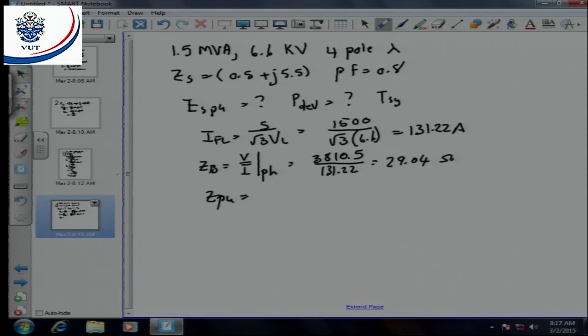Always work per phase whenever we work with three-phase work, and therefore the current is 131.22 at an angle of minus 36,87 times 0,5 plus J 5,5, which gives us a value of 4,329.57 at an angle of 7,14 degrees.